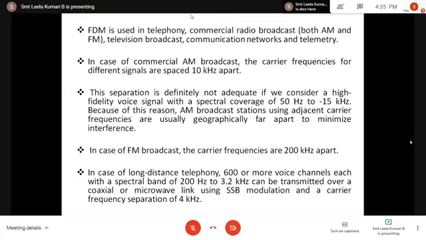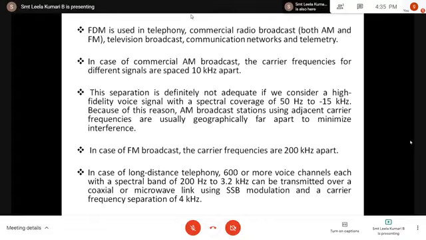In the case of commercial AM broadcast, the carrier frequencies for different signals are spaced 10 kilohertz apart to minimize interference. But for high fidelity voice signals, this separation is not adequate, since the spectral coverage of a high fidelity voice signal is 50 Hz to 15 kHz.